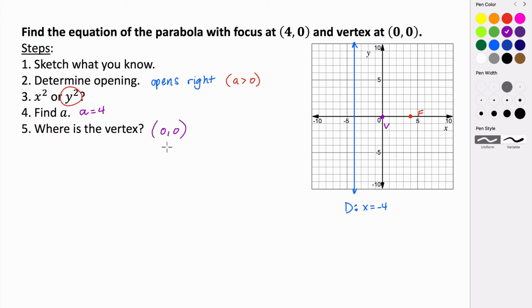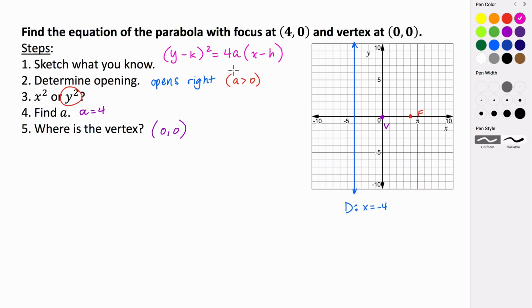We're at the origin. So because this is a y squared variety, that means that our equation is going to look like this. Y minus k quantity squared equals 4 times a times x minus h.